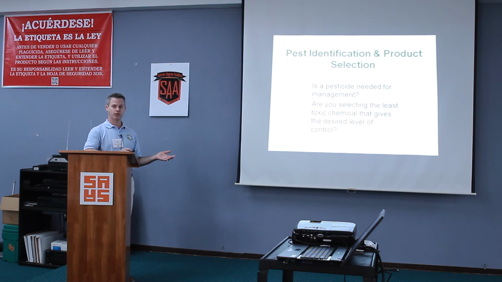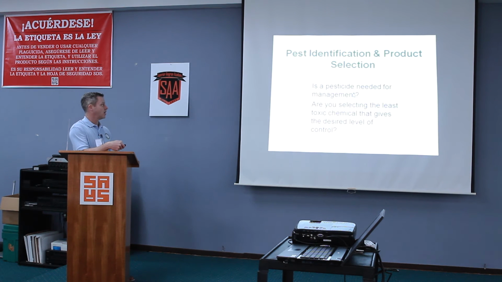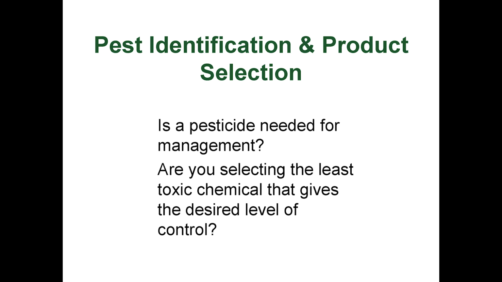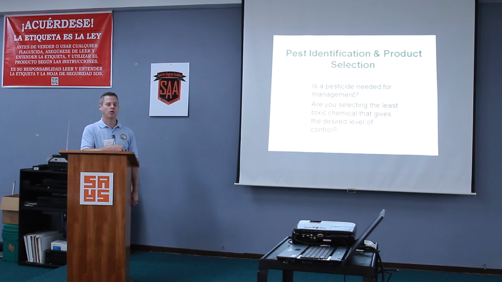But just generally speaking, in pest management, you always need to ask your question. Once you do your pest identification, when you're selecting a product, to begin with, is a pesticide needed or not? And then are you selecting the least toxic chemical to give you the desired level of control?